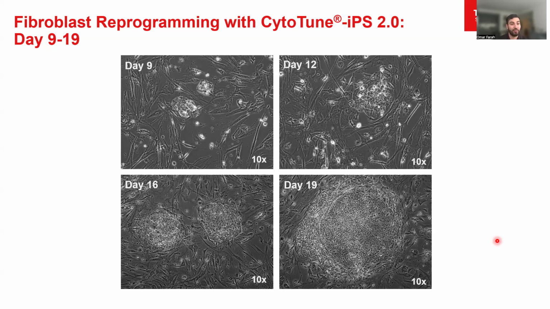In addition to that, not every single cell will reprogram, but there are also some cells that will arrest midway through. They'll basically start that reprogramming cascade and maybe start to form a colony that looks something like this, but then stop growing or de-differentiate back. And that is common as well.